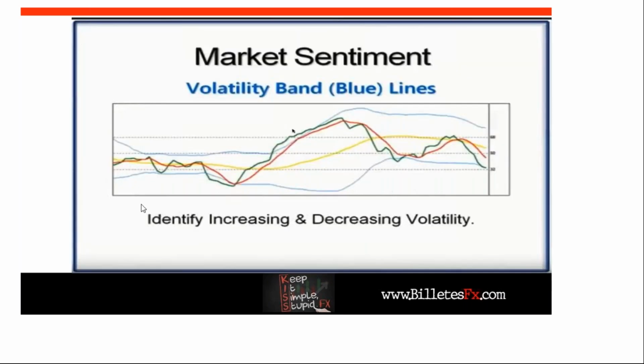Lastly, identify the increasing and decreasing volatility, the volatility bands, the blue bands right here. Notice that, look at how the volatility bands are tight together right here. And then when market starts to go, like in this example, to the upside, look how the volatility band starts to expand.